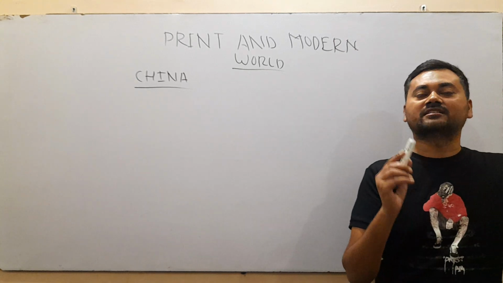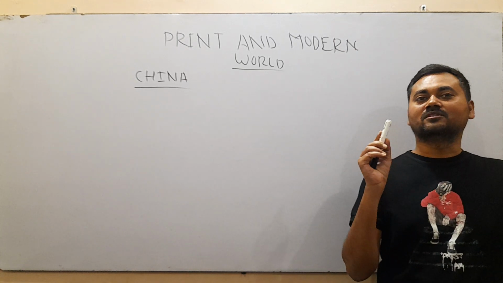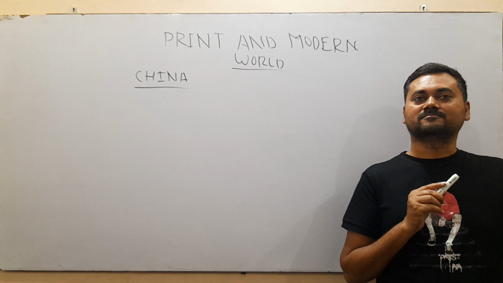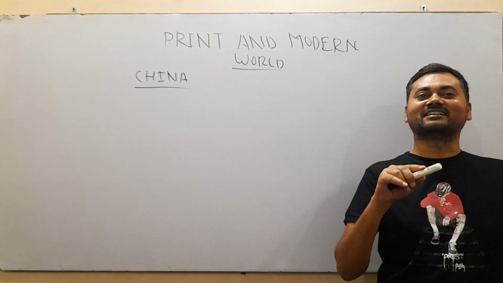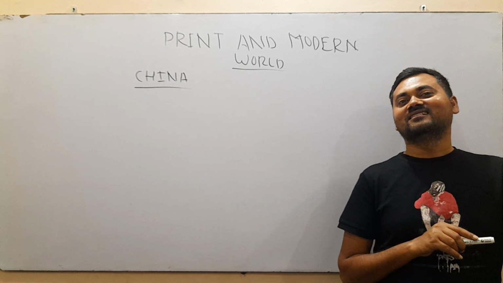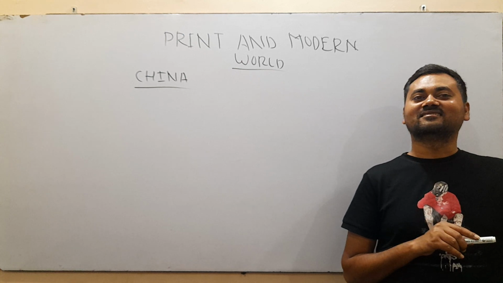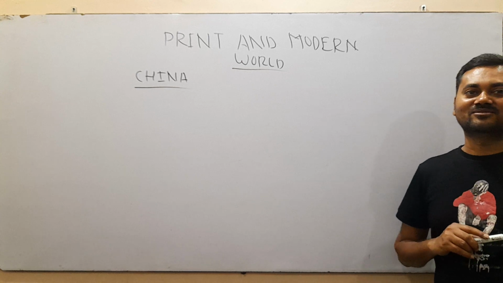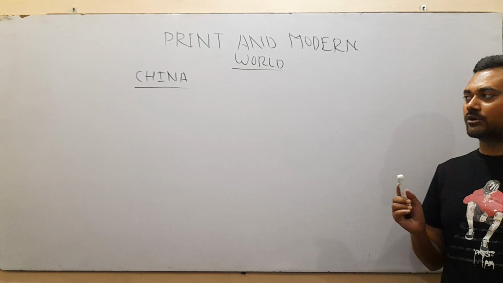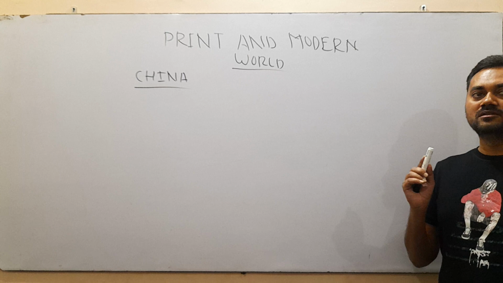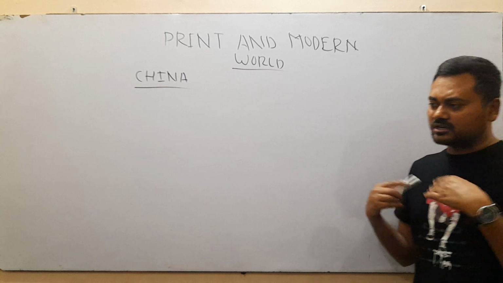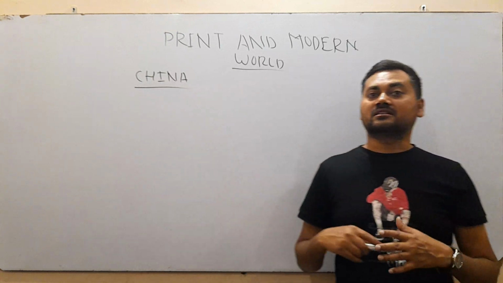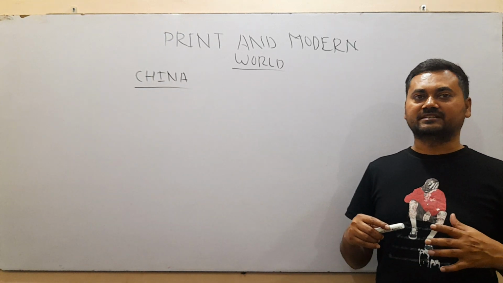Even now, China is the country which has the maximum population of Buddhist people. There are 4 countries which have declared Buddhism as their state religion. However, China is not among those 4, but undoubtedly China has the maximum followers of Buddhism. So, in the late 6th or early 7th century, this was started.